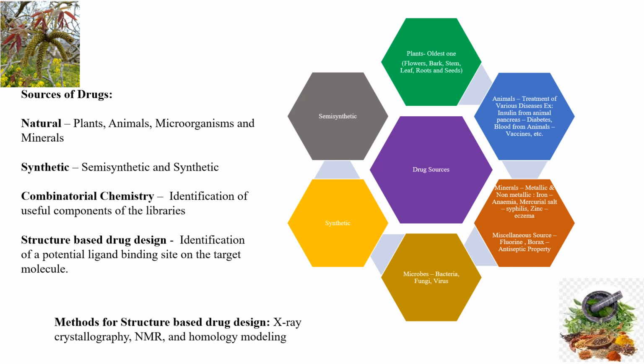And what are the sources of drugs? Generally, drugs can be derived from various sources, such as natural and synthetic. In the case of natural, some examples are plants, animals, minerals and microorganisms. From microorganisms, we can derive drugs from bacteria, fungi, viruses, etc. The other one is synthetic, which may be available as either semi-synthetic or synthetic.